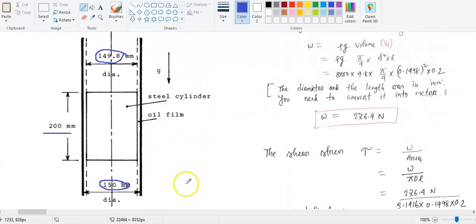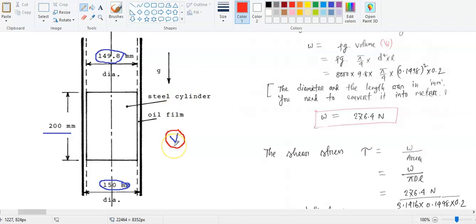Our ultimate target is we need the velocity v, and shear stress is one of the key things happening here because this object is falling this way. So let's just solve this question quickly.